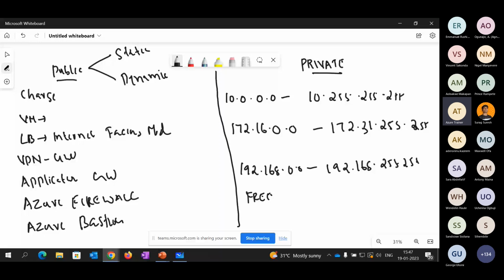We are planning a separate session on IP version 6, and at that time we can have a detailed discussion. It's configured in a similar way, but the numbers are different.